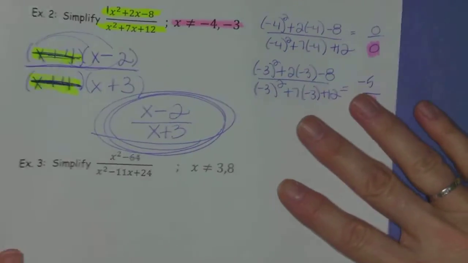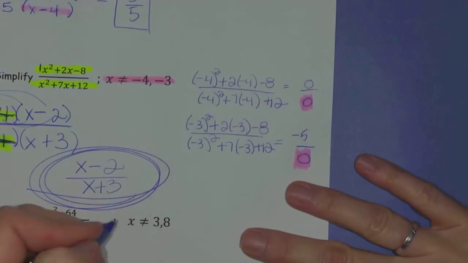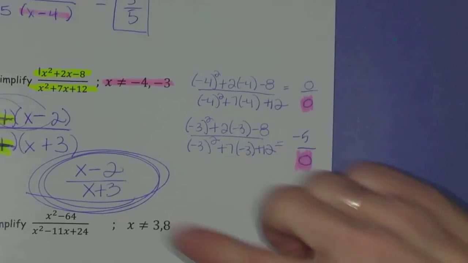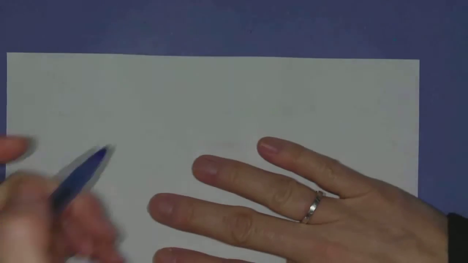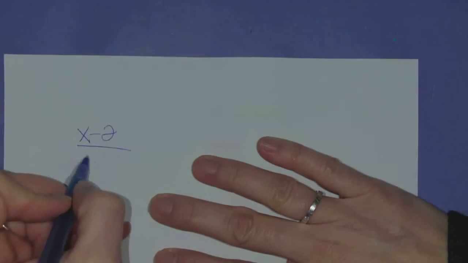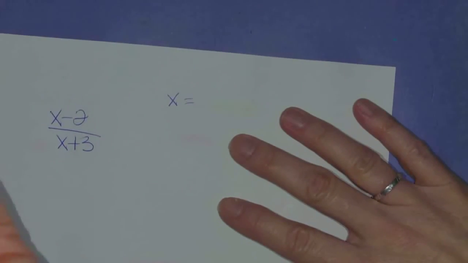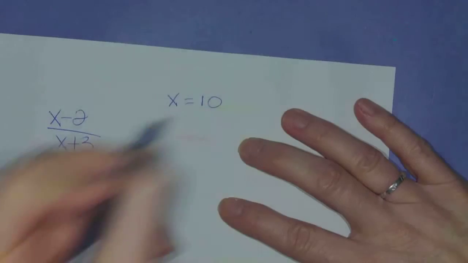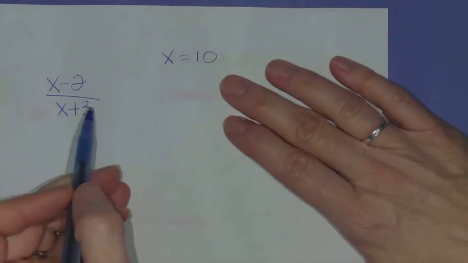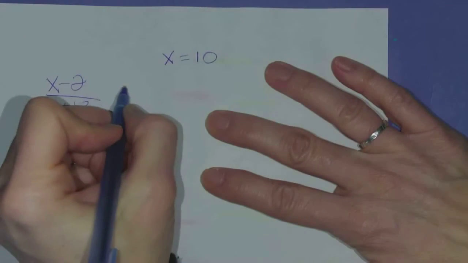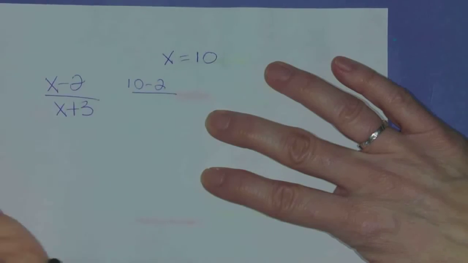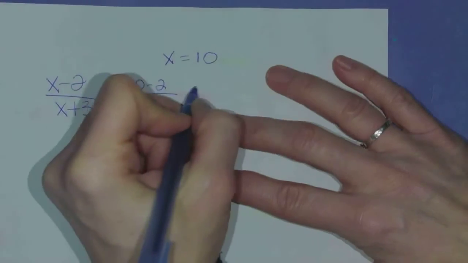Let's just do a little, actually I can take this to the back. So x minus 2 divided by x plus 3. Let's pick a value for x. Let's let x equal 10. Okay, so if x is 10, then the top would give me 10 minus 2 over 10 plus 3.